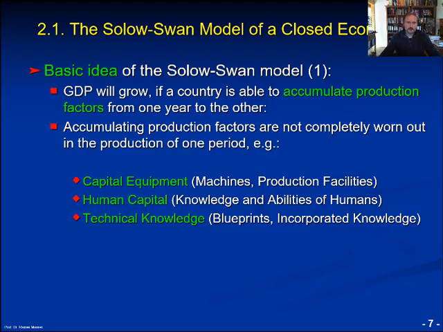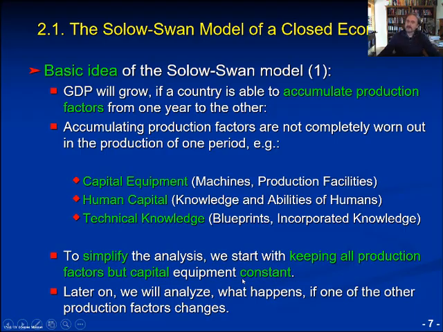What these three production factors have in common is that they are not completely consumed in the production process of, let's say, one year. A machine can typically be used over several years. Human capital, the knowledge of humans, is typically available over several years, and technological knowledge is perhaps an extreme form of accumulating production factor, since it is not consumed by the production process at all.